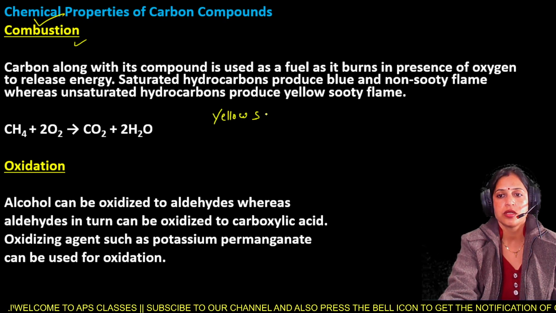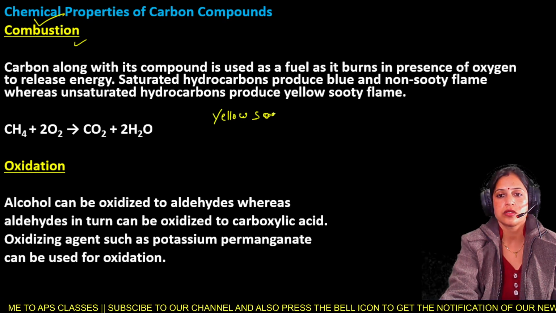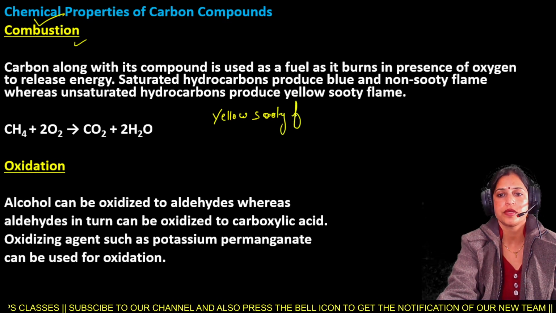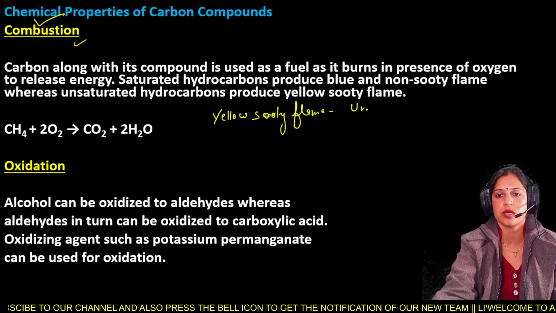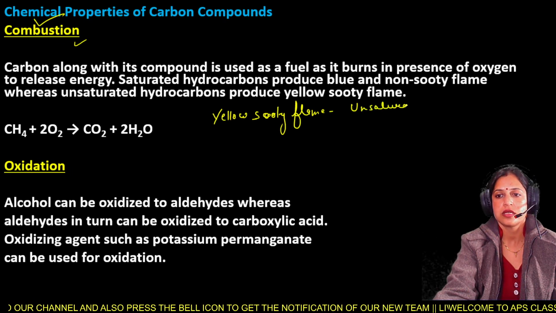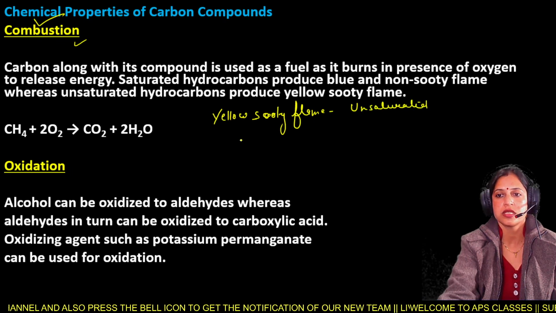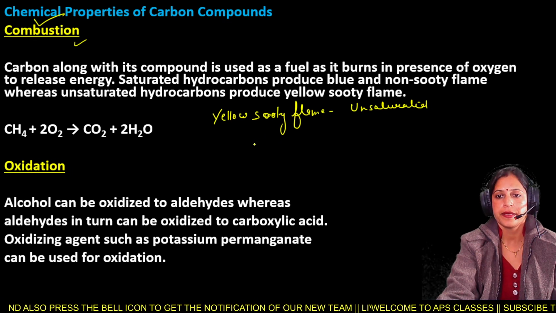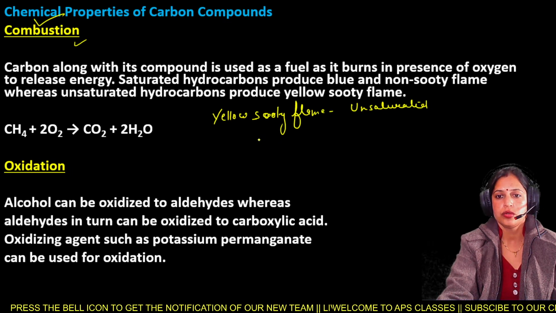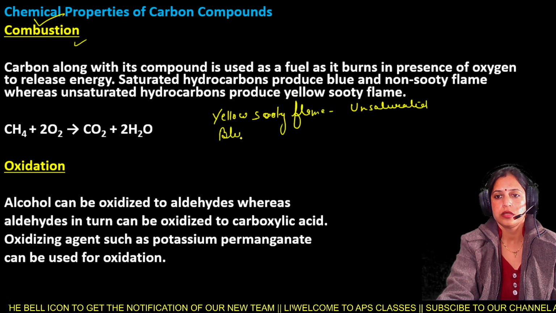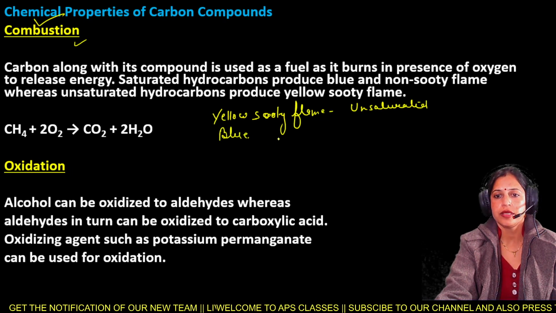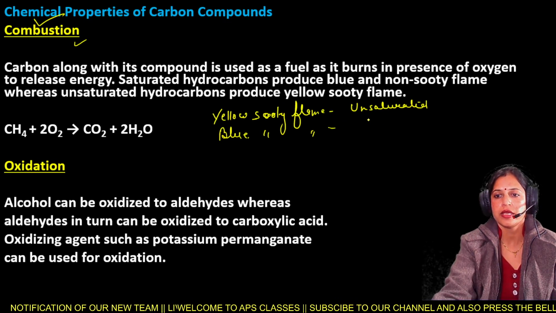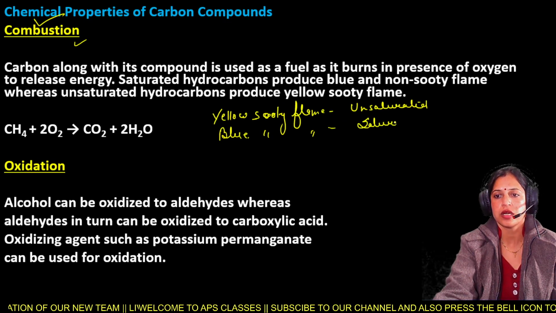Yellow sooty flame is produced by unsaturated hydrocarbons, whereas blue flame is produced by saturated hydrocarbons.